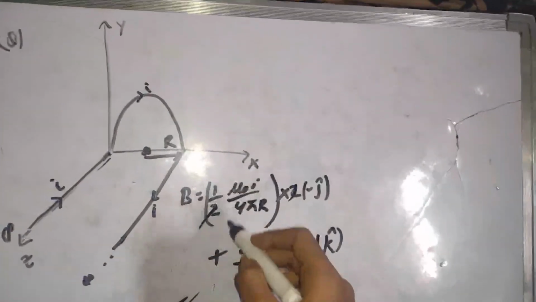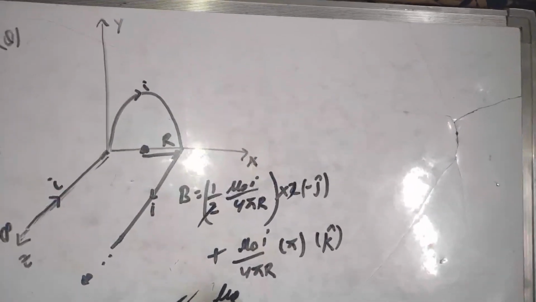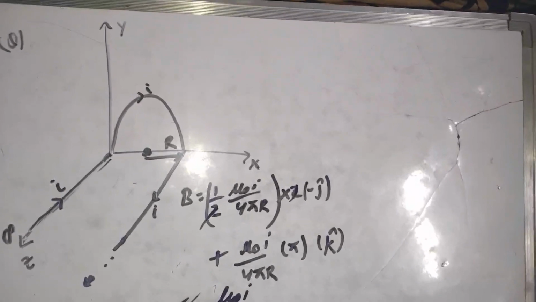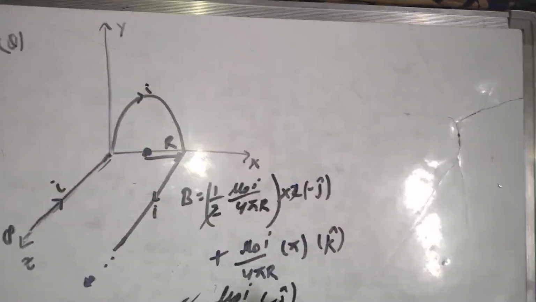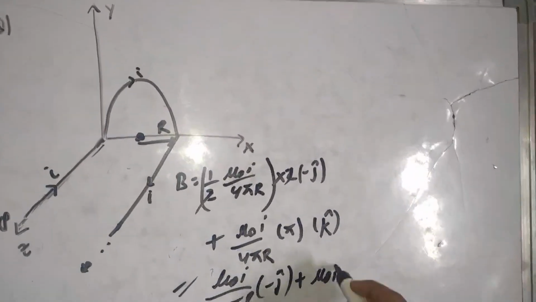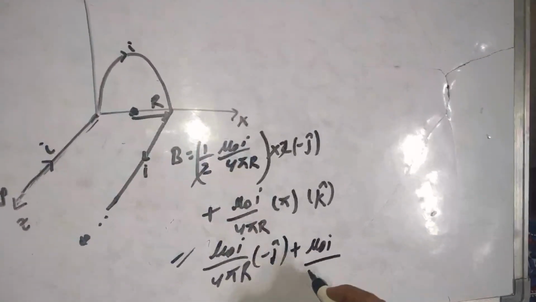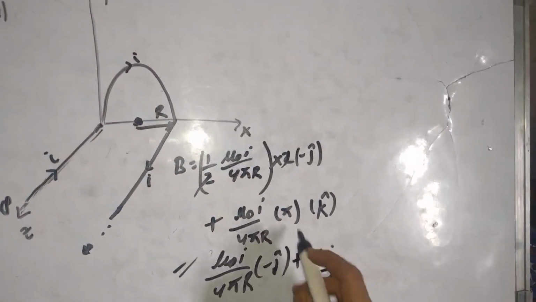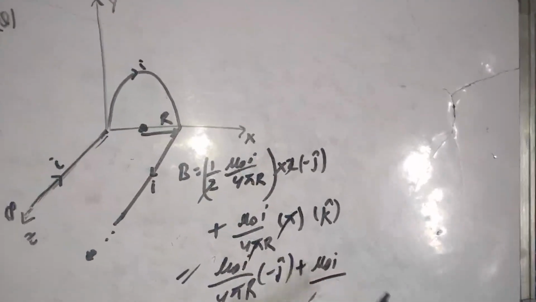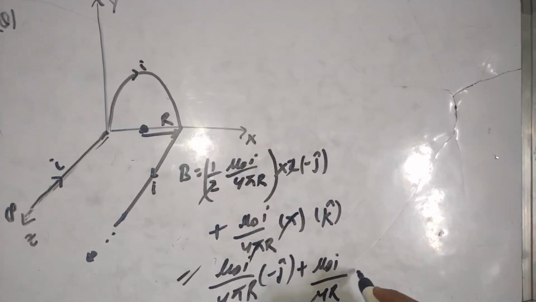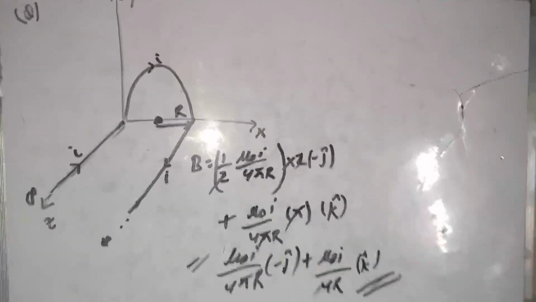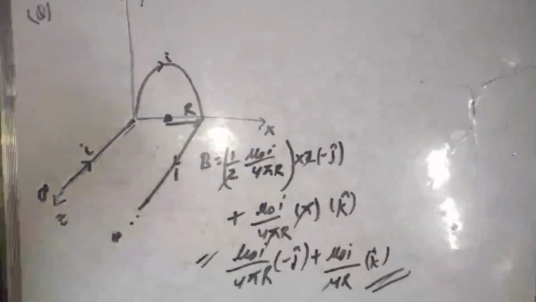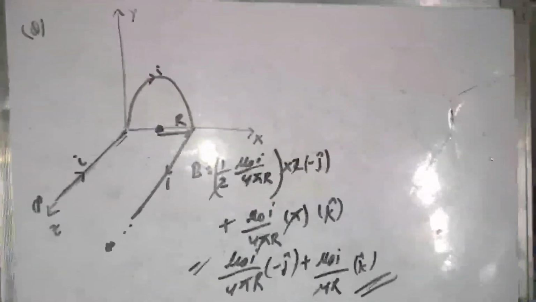So these two cancel, and the answer is mu naught I upon 4 pi r in minus j cap plus mu naught I by 4 pi r. Sorry, this pi cancels, so there is no pi. This is mu naught I upon 4r, and this is k cap. So that's the solution to this easy problem. We'll solve a few more problems, and then we'll wrap up.